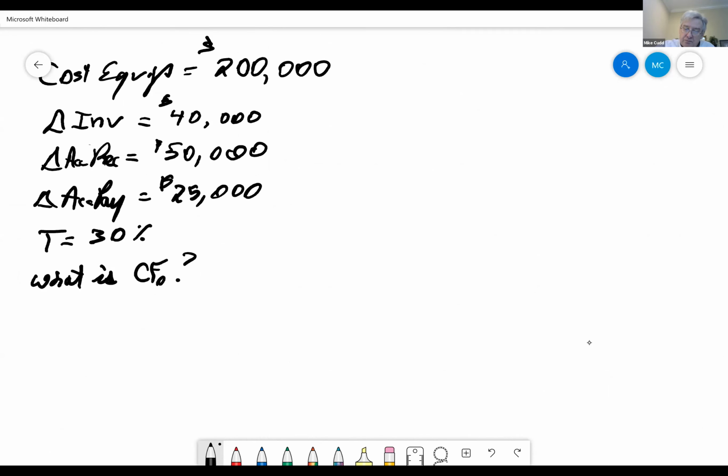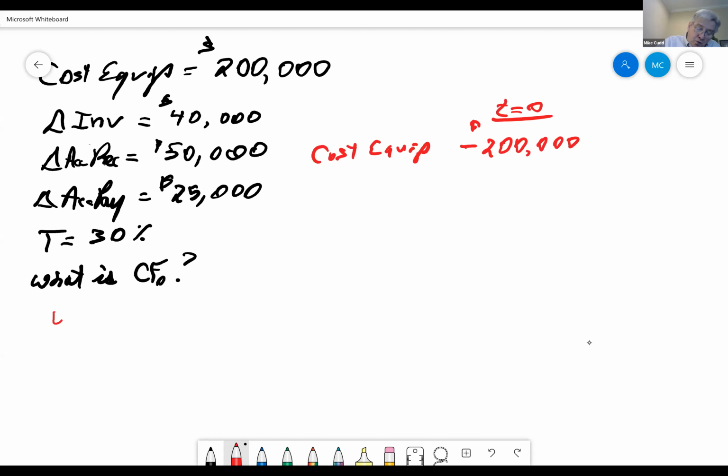Well, one thing we would have is the cost of the equipment, and that would be 200,000 out. But we would also have an investment in working capital. Working capital is defined as current assets minus current liabilities.